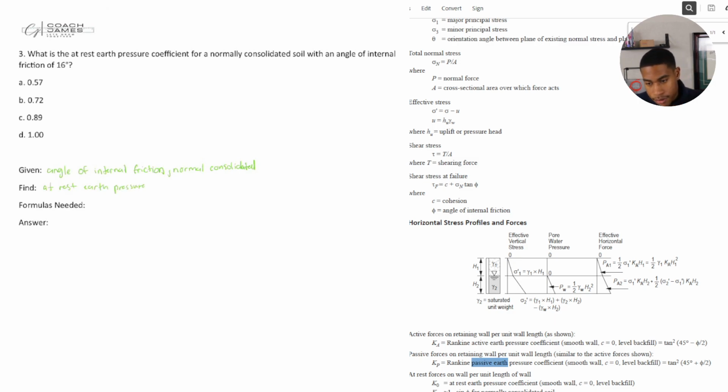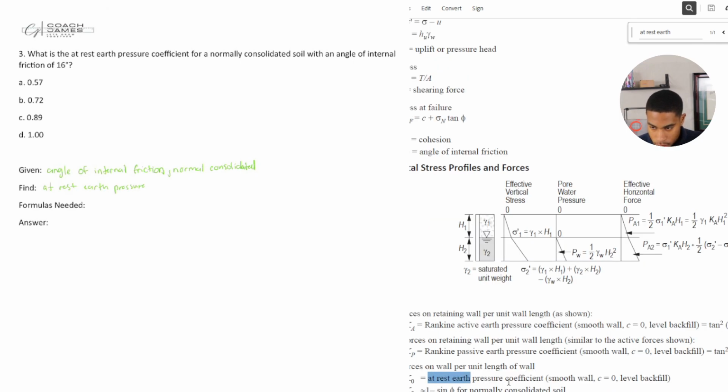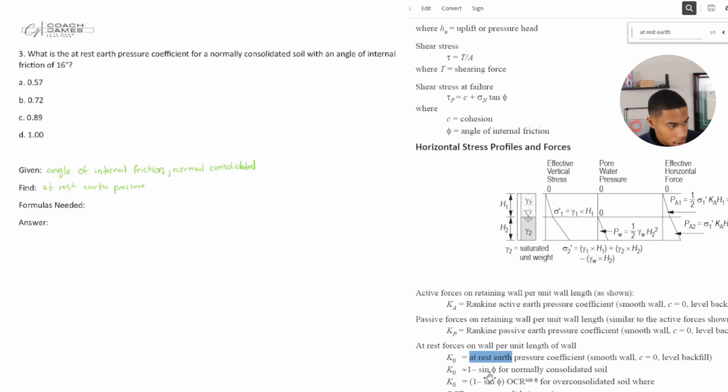Okay. So if we're trying to find the at rest earth pressure, how do we get that? Well, I'm searching at rest earth. Move my head so you can see. So the first thing that comes up, and the only thing that comes up, is K0. Zoom in here.